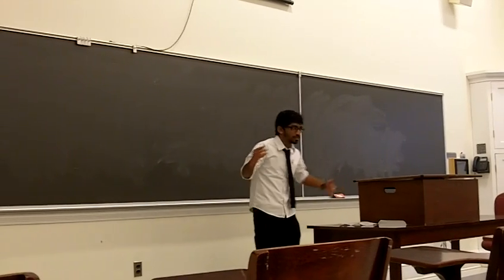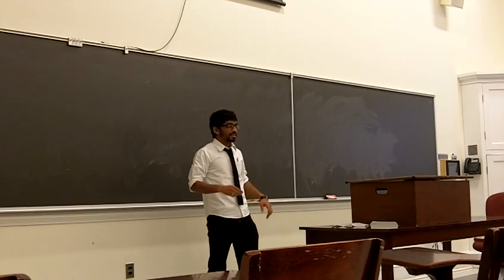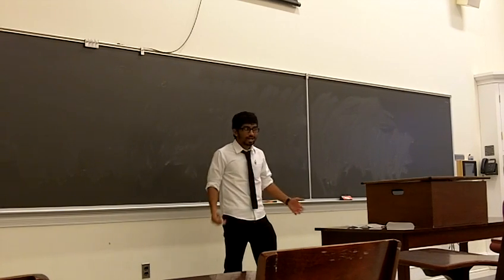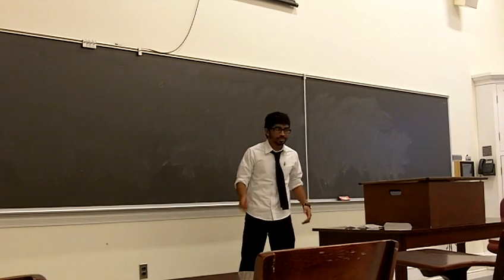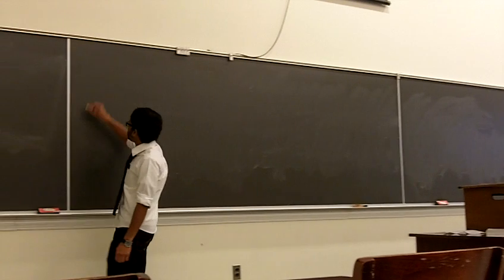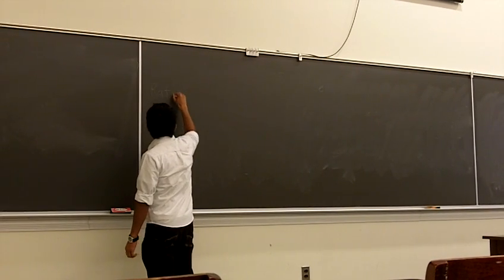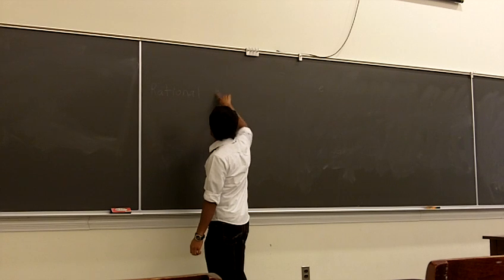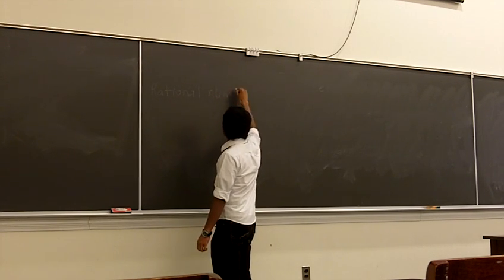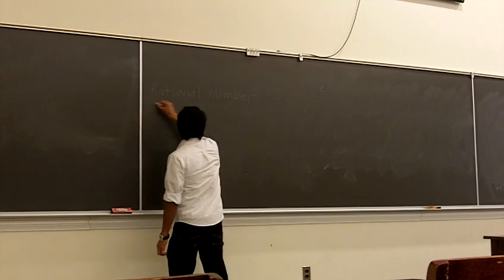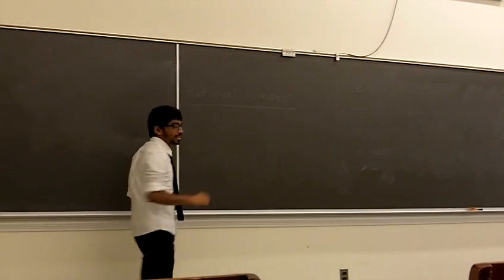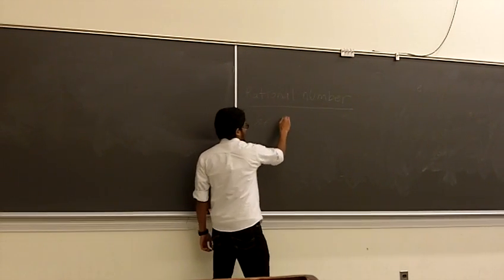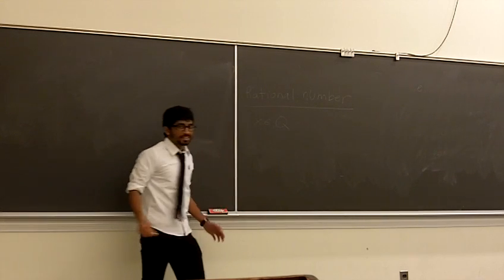So last time we covered numbers in general and the axioms of algebra, and we went over what a rational number is. So let's just review what a rational number is. We said last time that a rational number, say x, denotes that it is a rational number.